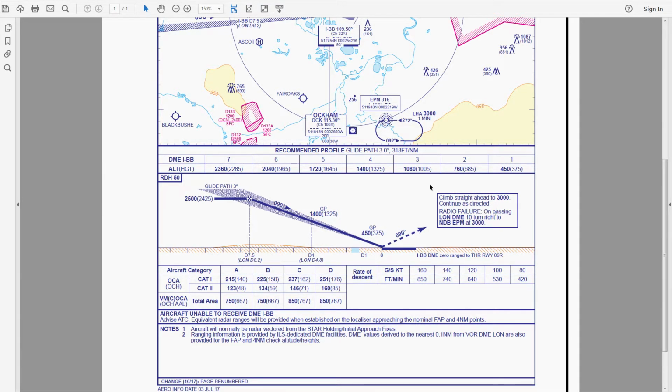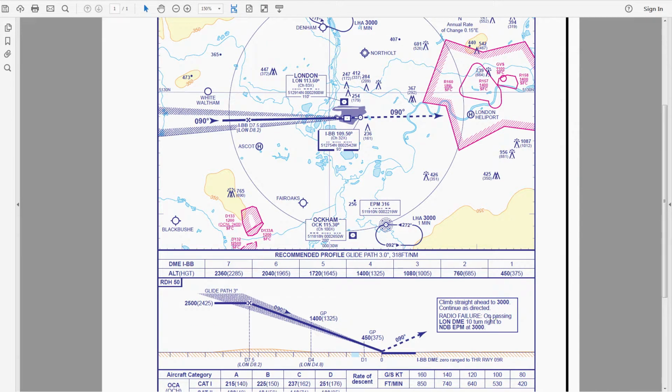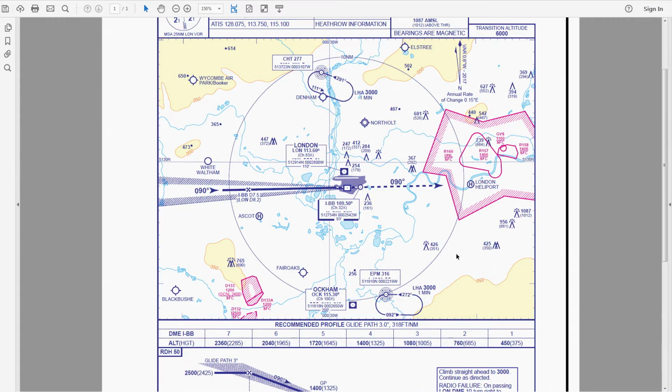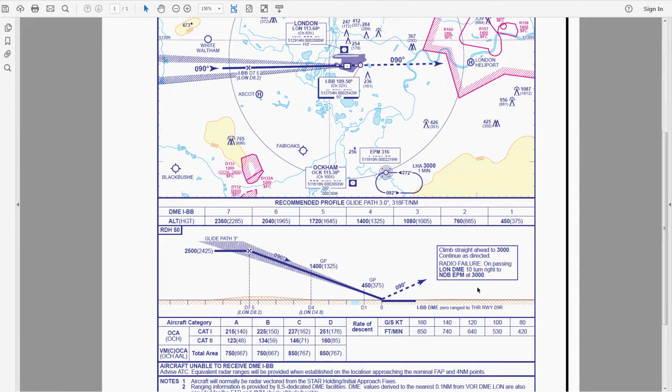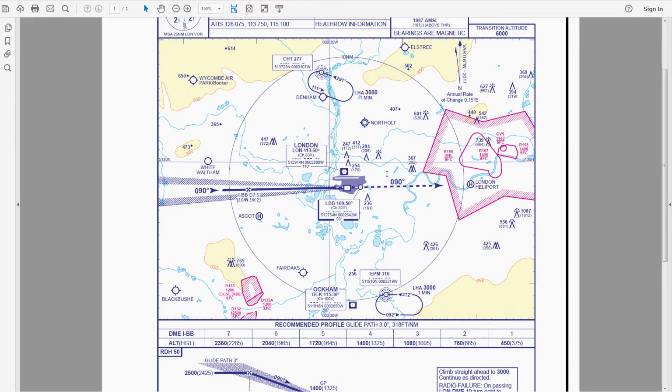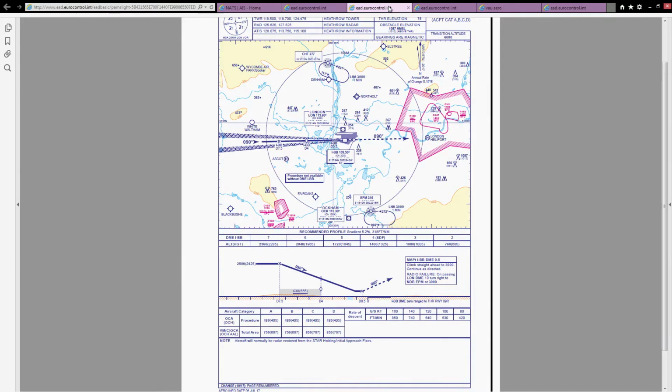But if you cannot get instruction from ATC anymore as to where to go, you will follow this instruction. This is a path that has been cleared for all aircraft in case of radio failure. On passing the London DME 10, turn right to NDB Epsom at 3000. That's all you need to do, and that's pretty much as simple as it gets.